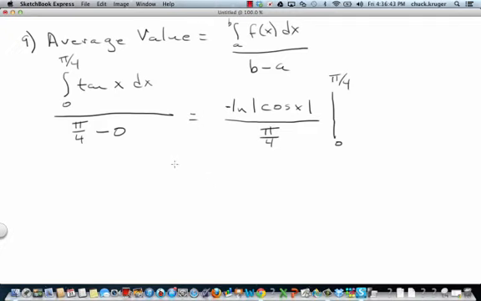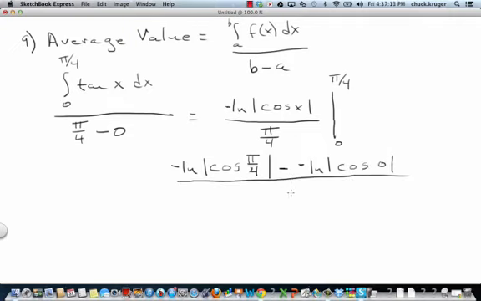So that means I'm going to have a negative natural log of the cosine of pi over 4 minus, remember, the antiderivative with b in it minus the antiderivative with a in it, negative natural log of the cosine of 0, all over pi over 4.